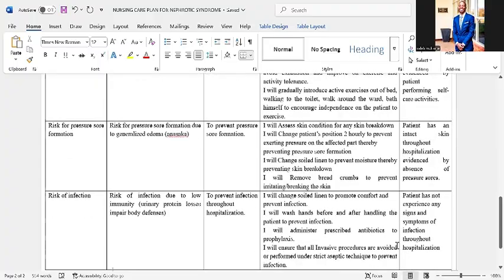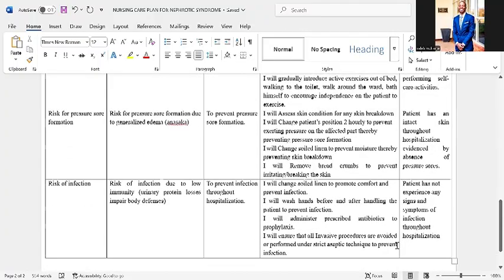So that is how we can deal with our third problem. We go to our fourth problem, which is risk of pressure sore formation. So you find that in this patient, there will be risk for breaking of skin or risk of impaired skin integrity. But I chose to go with pressure sore formation because I'm more comfortable with it.